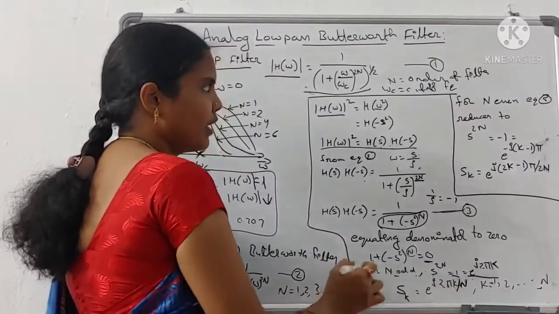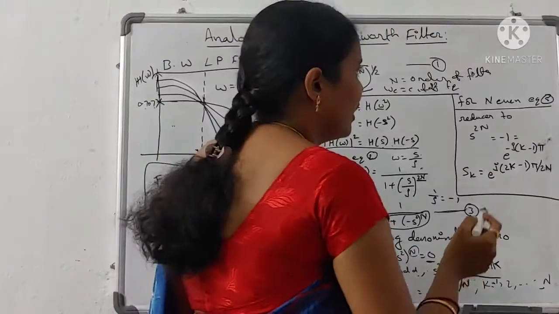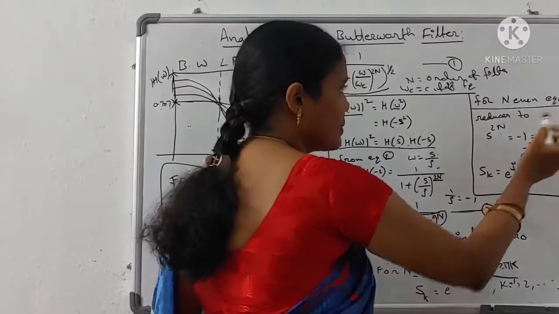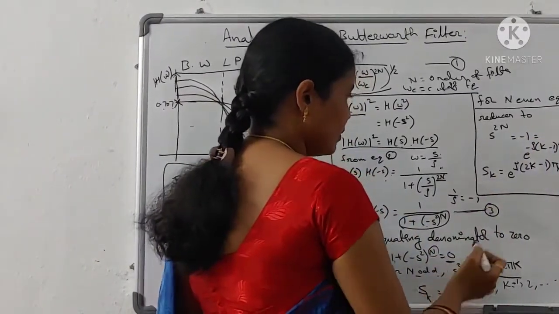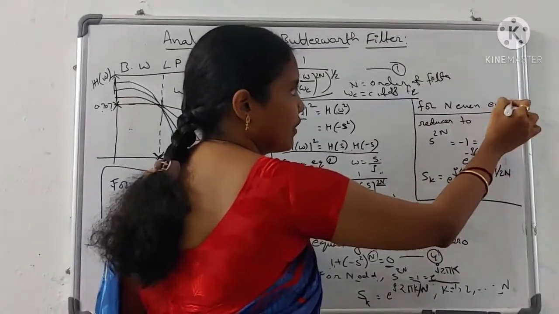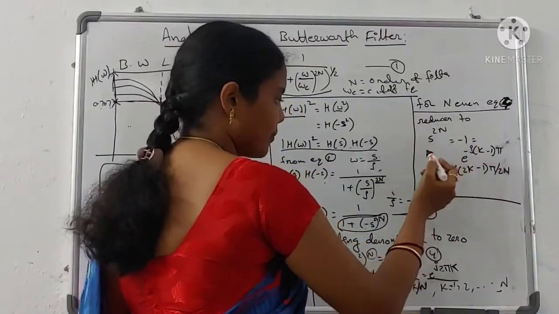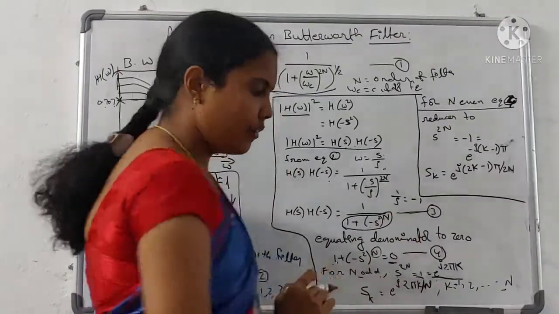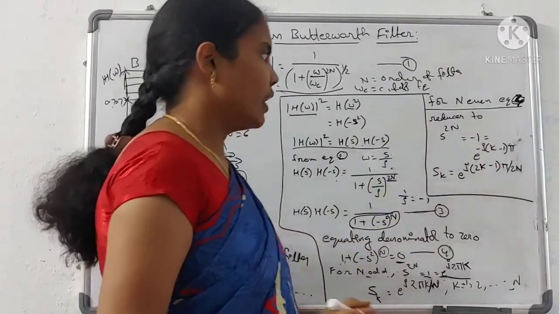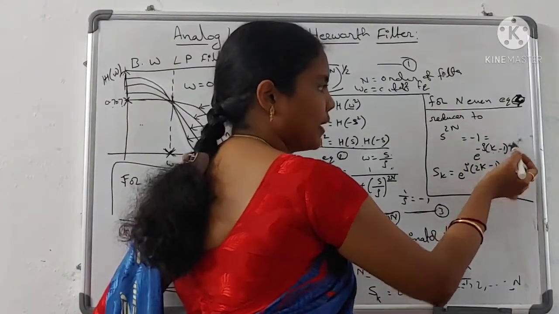Okay, in the same way, if n is even, equation 3 reduces to equation 4. Taking all even values in this equation, you get s power 2n is equal to minus 1, which we can write as e power minus j into k minus 1 into pi.